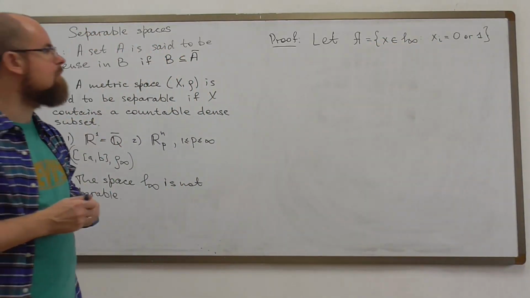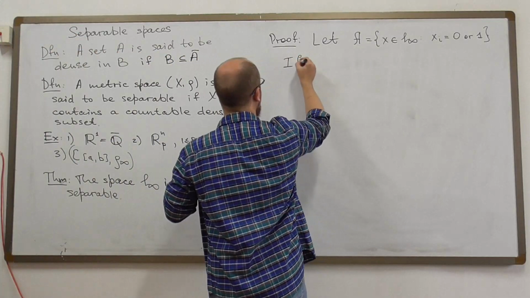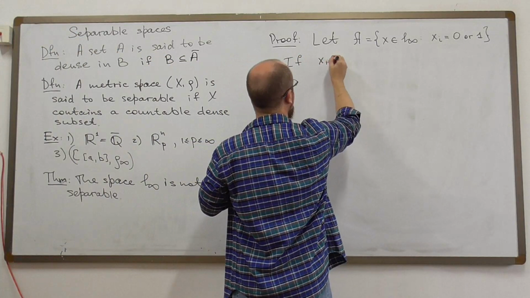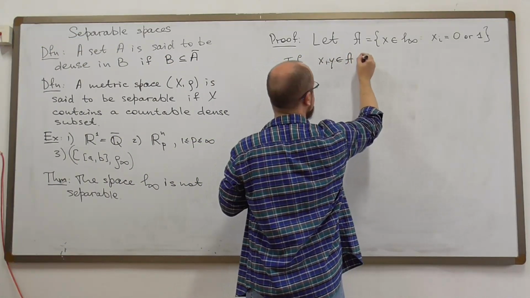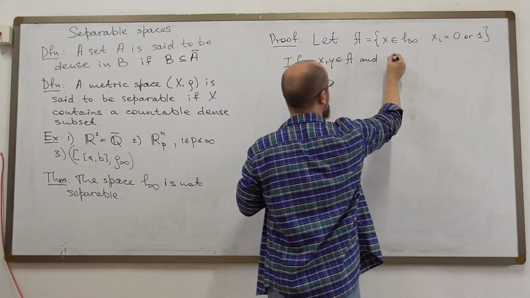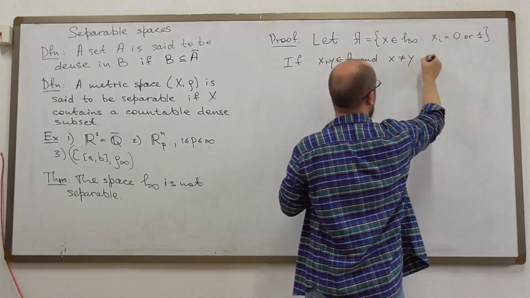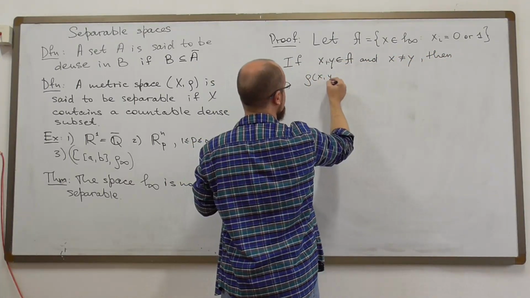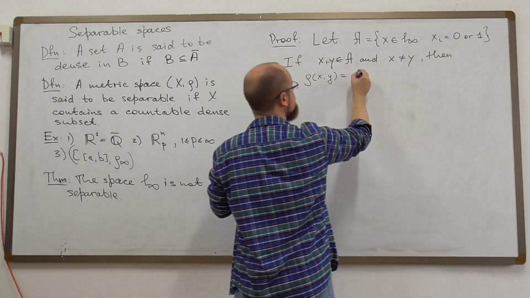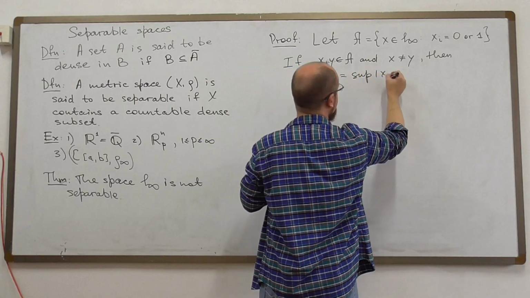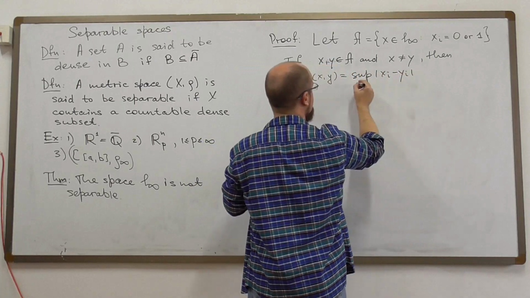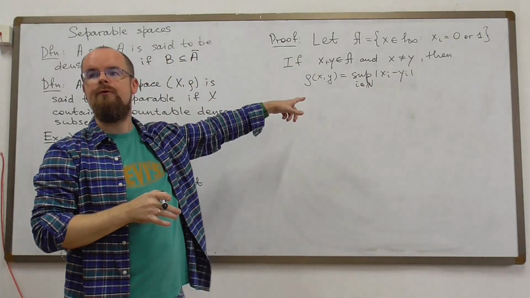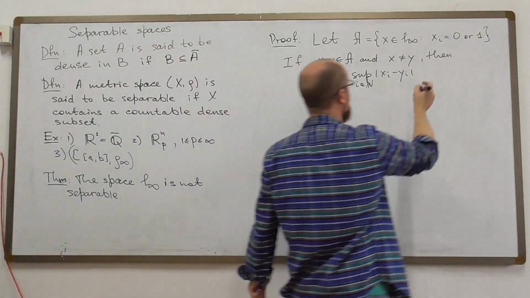Let us first note that if x and y are dyadic sequences and they are not equal to each other, then the distance between x and y, which is by definition the supremum of |x_i minus y_i| over all i in natural numbers, equals 1.